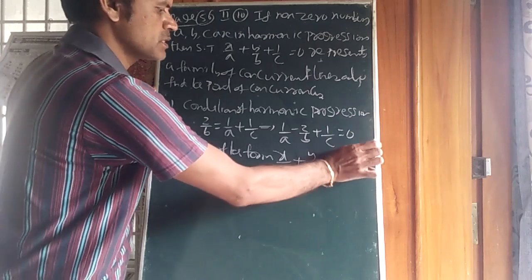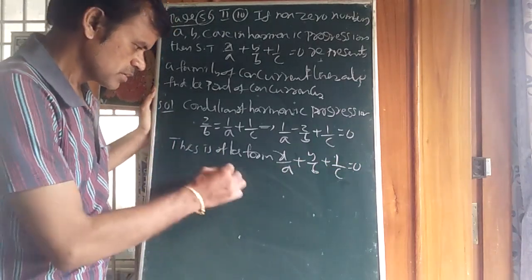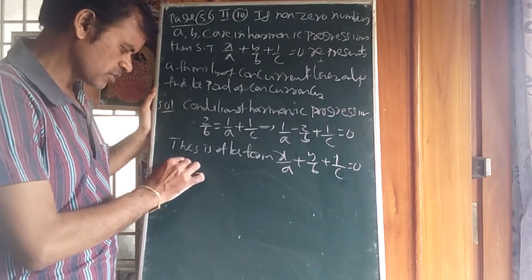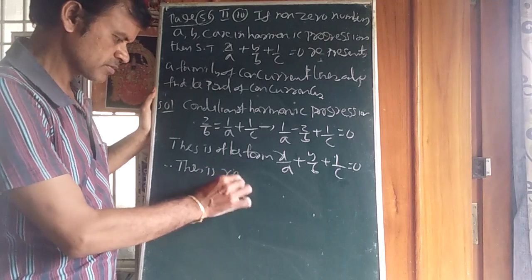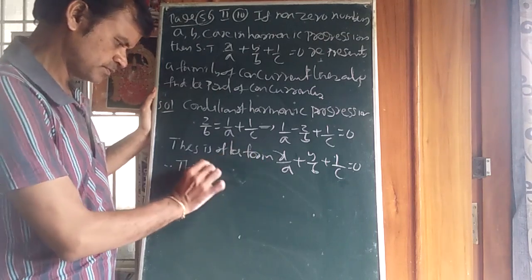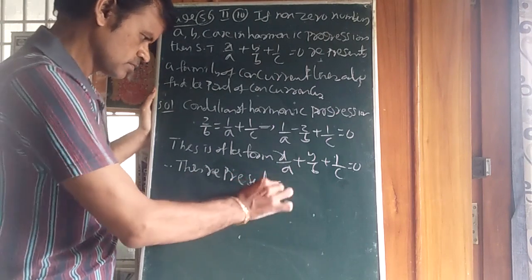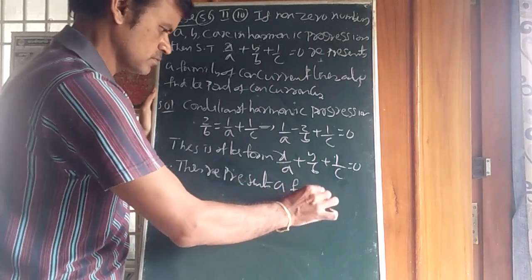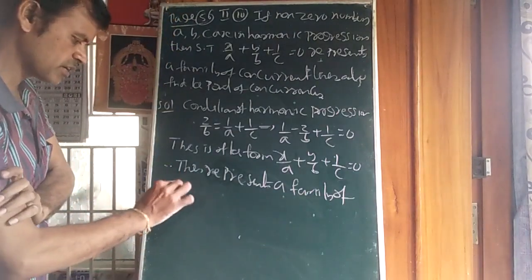Here 1/c is the constant, just as c was the constant in previous sums. So directly you can write that this represents a family of straight lines, a family of concurrent lines.